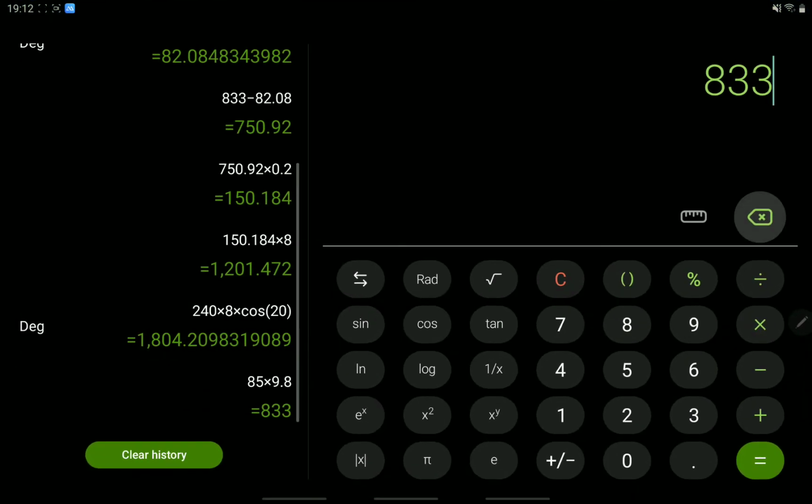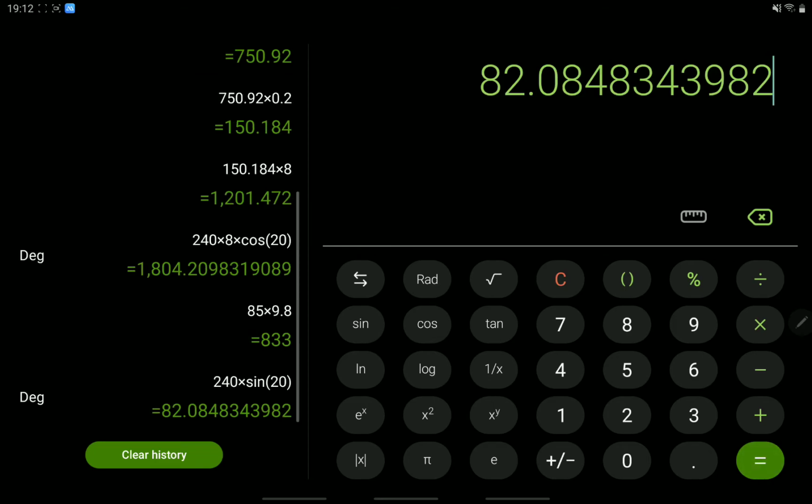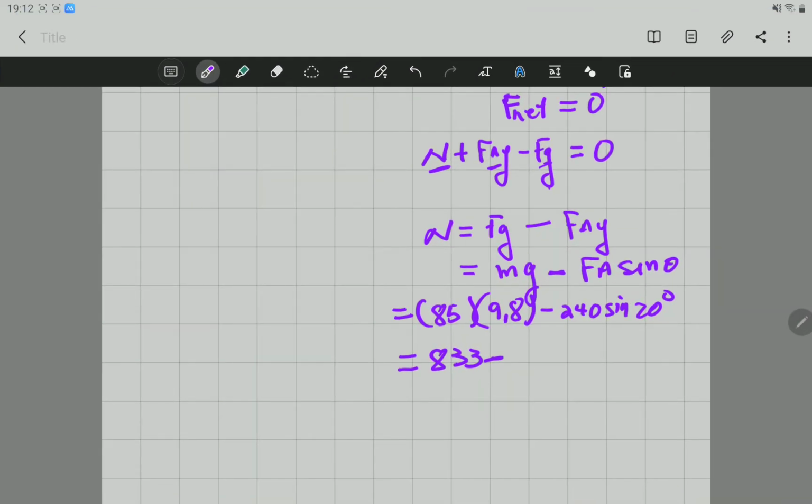That is 240 multiplied by sine of 20, and that's giving us 82.0848. We're going to round off to 2 decimal places, which is 82.08.